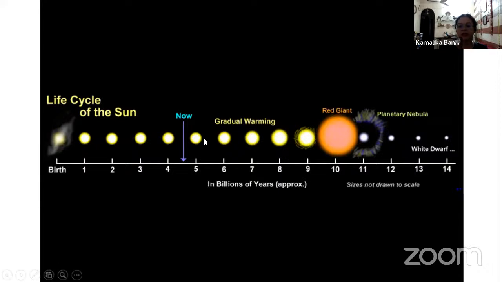And many billion years later, it will turn into a red giant and then a white dwarf. People usually ask why the sun would not result in a black hole. It is because it's only a star 25 times the mass of the sun that forms a black hole. But the sun will not form a black hole. When it dies several billion years later, it will form the red giant and then a white dwarf.